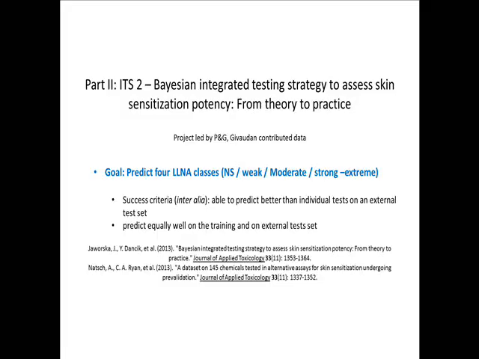And the criteria which we said would mean success is if we can predict better than the individual tests can, and if we can predict not only for training but also for an external test set. The details of this quite large project with a lot of data and a lot of calculations you find in the two publications cited down here.